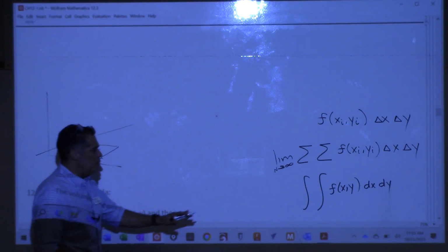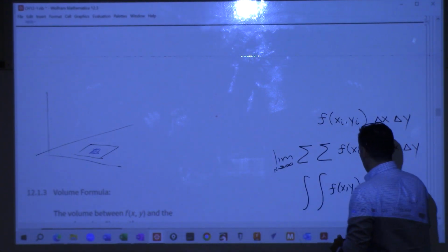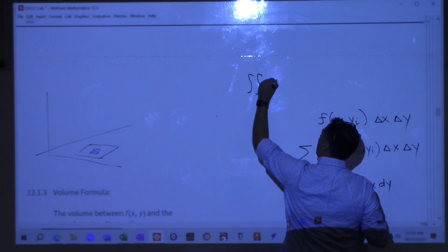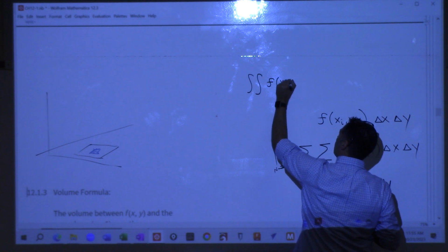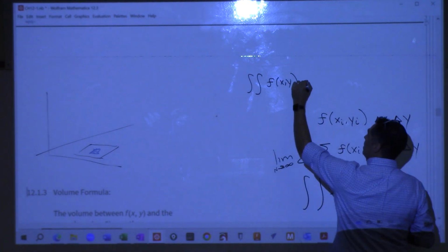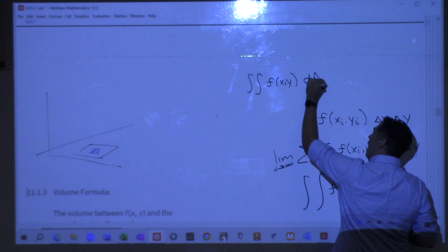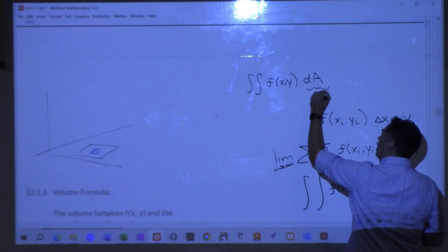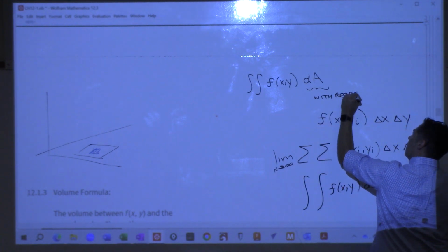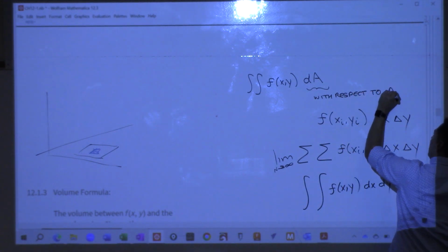What we normally do when we write this integral is we write the double integral of the surface, f of x, y, and we don't write dx dy, we write d capital A. And what this means is with respect to area.